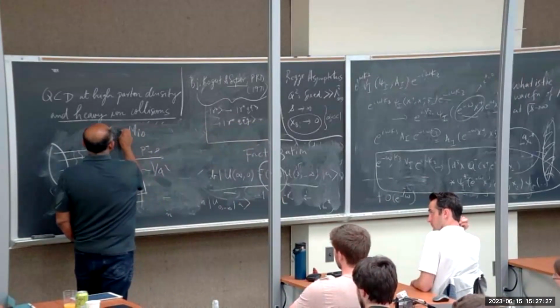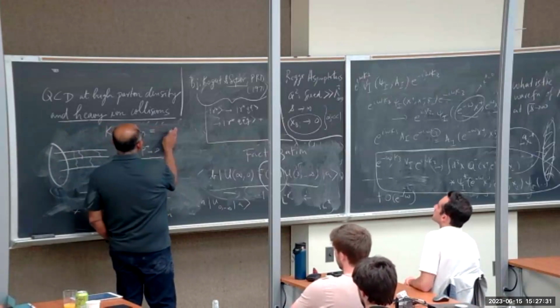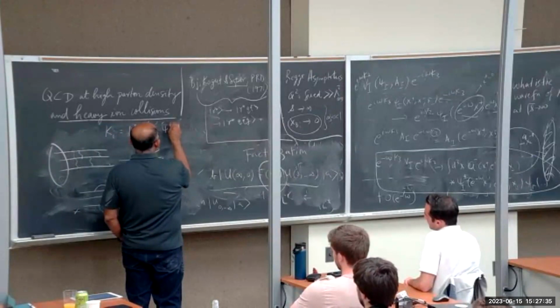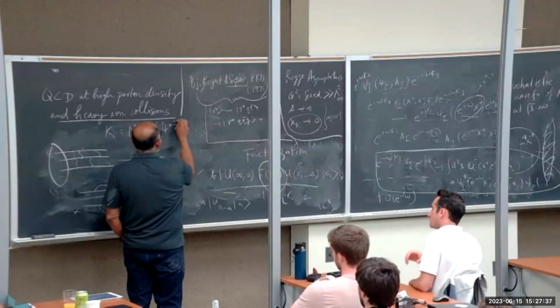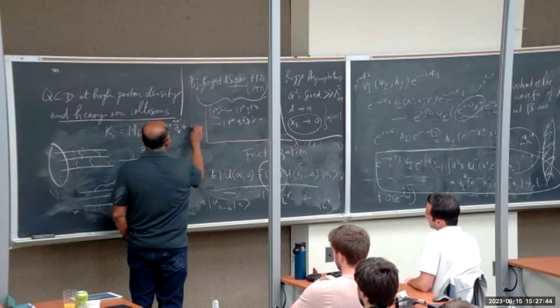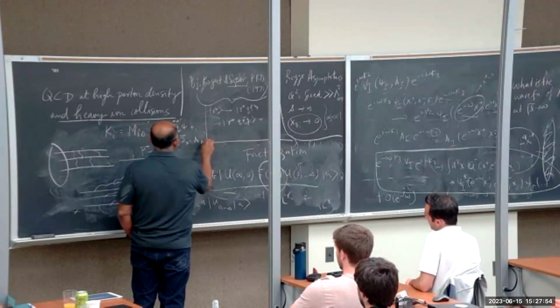So K^i is this component here, and in QCD or QED, it has a structure like psi-bar, psi dagger, minus.